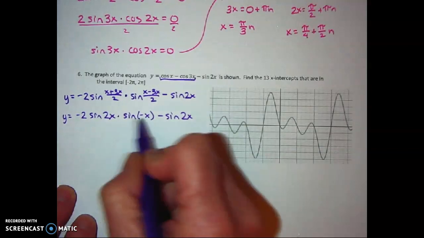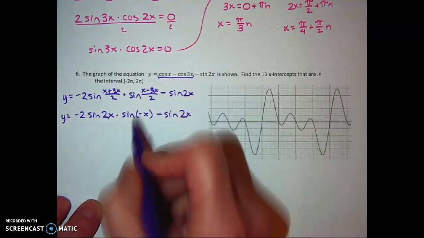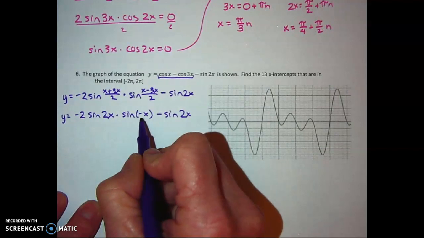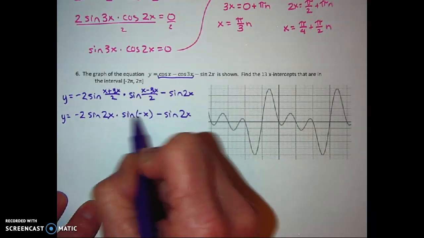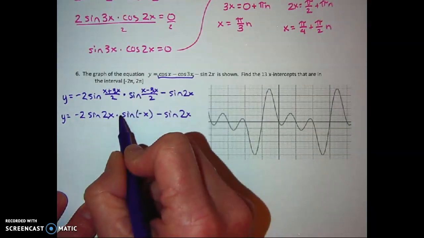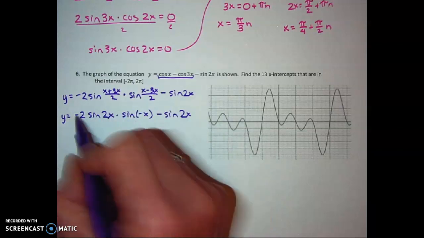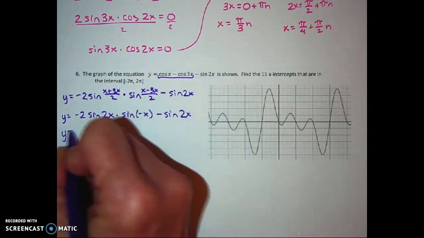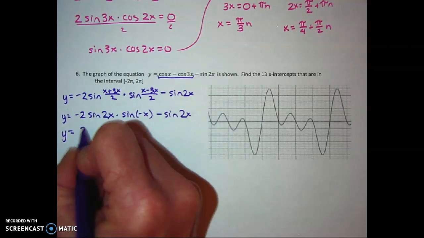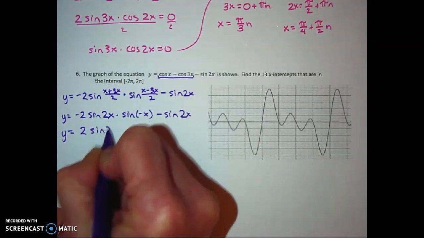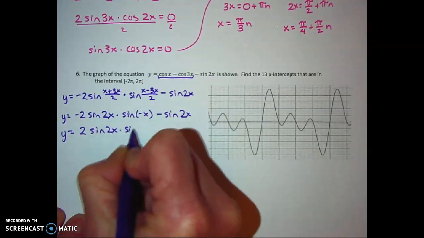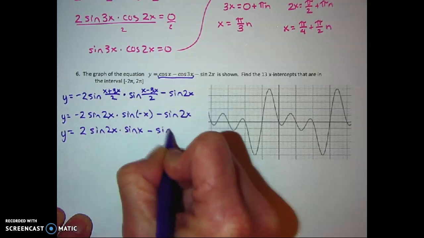Now I want to take care of that negative sine of x. Just like we did up above, remember that the sine of negative x is negative the sine of x. So when I bring that negative out in front, times that negative 2, it's actually going to become positive. So this is actually going to be 2 sine of 2x times the sine of x minus the sine of 2x.